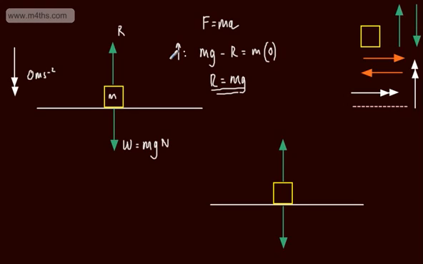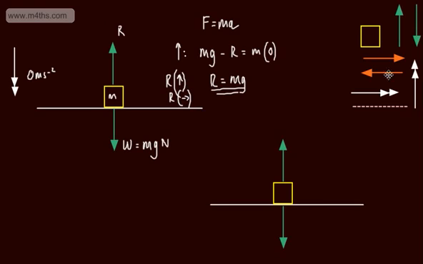There are lots of different ways that you could show this. You could say resolving in this direction, or resolving in the horizontal direction. Generally we resolve in the direction of the acceleration. So if we're accelerating to the right, we would show that we're resolving to the right.